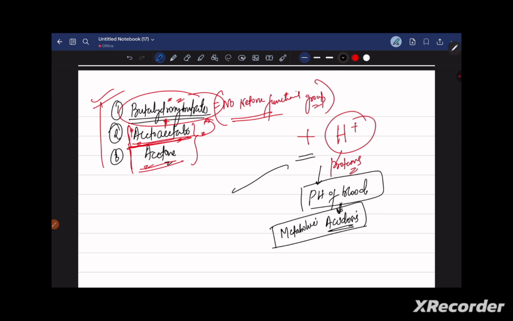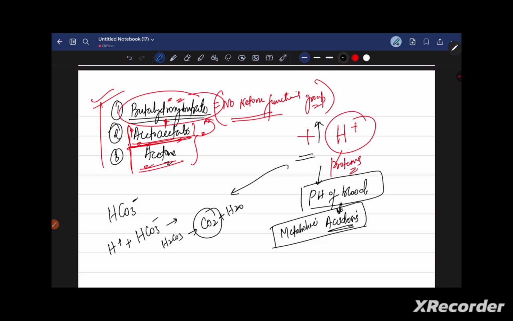How do they decrease the pH of blood? Let us see. In order to maintain the normal pH of blood, there is a buffer system in the body, the bicarbonate system. When there is increased production of protons, they react with bicarbonate ions and lead to the production of carbonic acid, which later breaks into carbon dioxide and water.